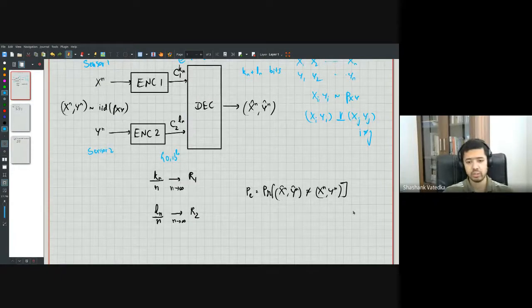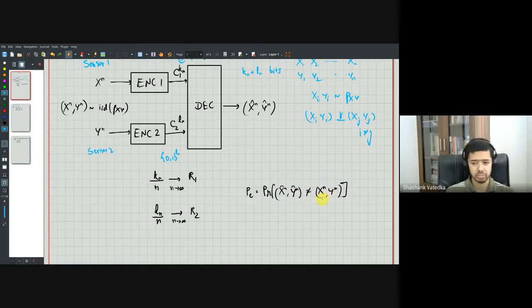And our goal is to understand how small we can make kn and ln. We'll permit a small probability of error. For a given n, we will fix kn and ln, but we relax the recovery constraint, saying that you can make some small error. So the probability that the estimate xn hat yn hat is not equal to xn yn can be small.